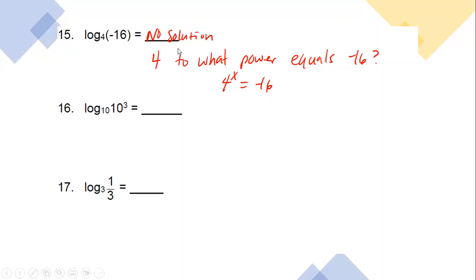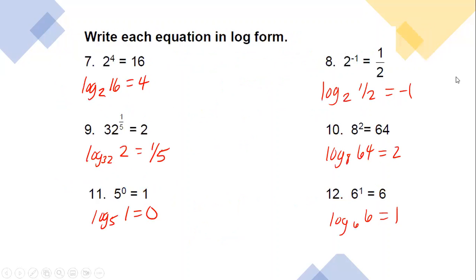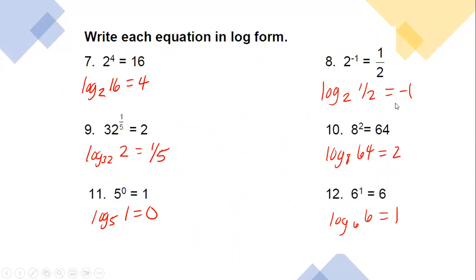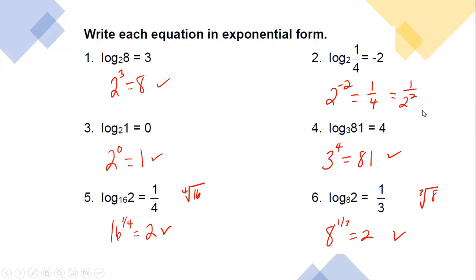If you go back, remember we had one where we had 2 to the negative 1? Well, no. This one? No, we don't have any. So when you have a negative exponent, that means that the whole exponent actually belongs in the denominator.